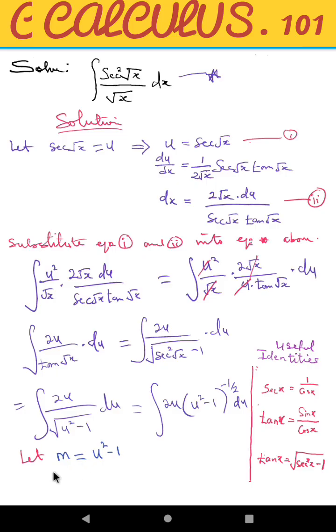If m is equal to u squared minus 1, it implies that dm/du is going to be 2u. And the implication is that our du is going to be equal to dm over 2u.